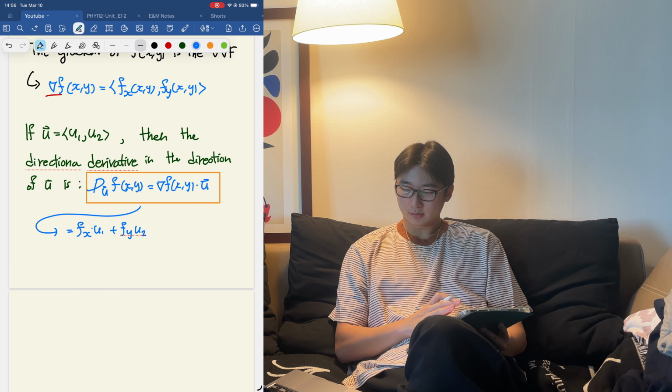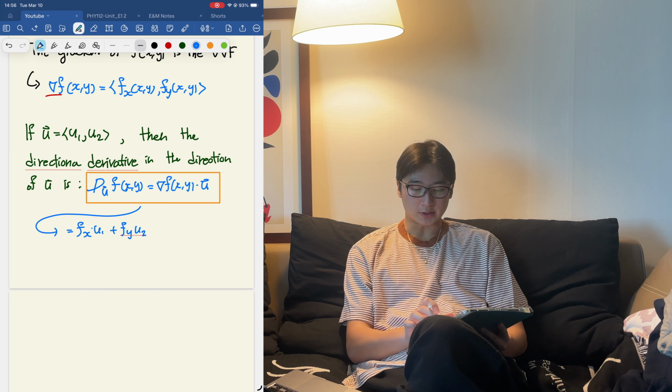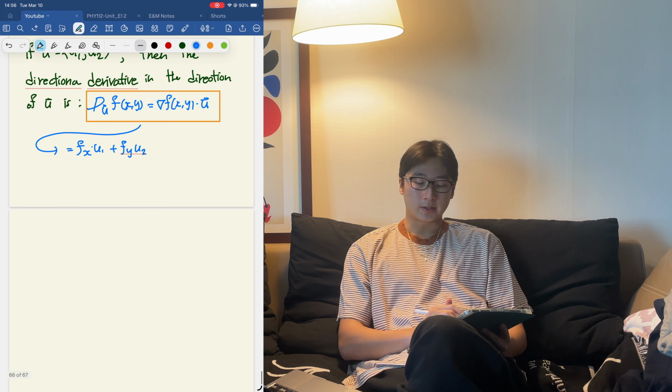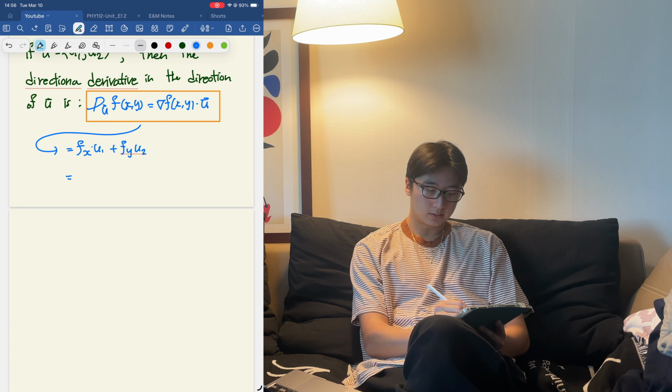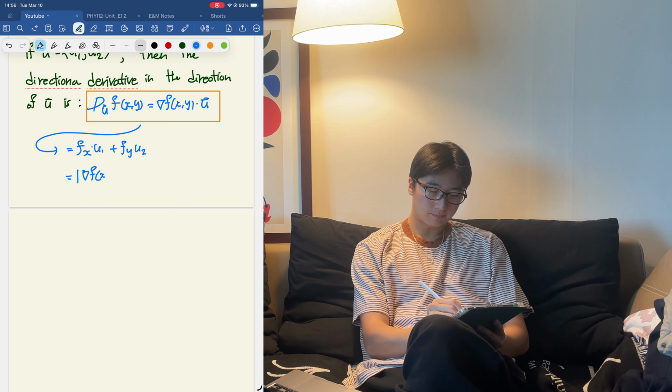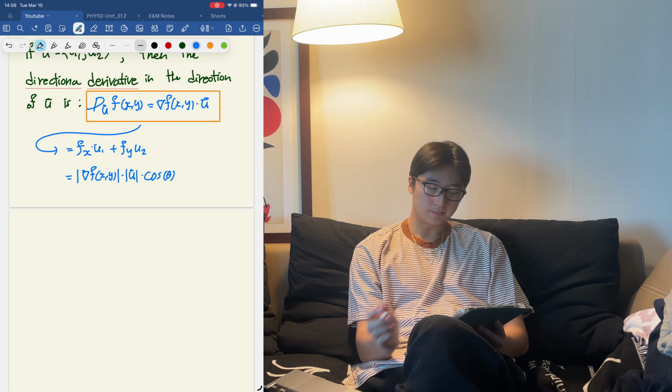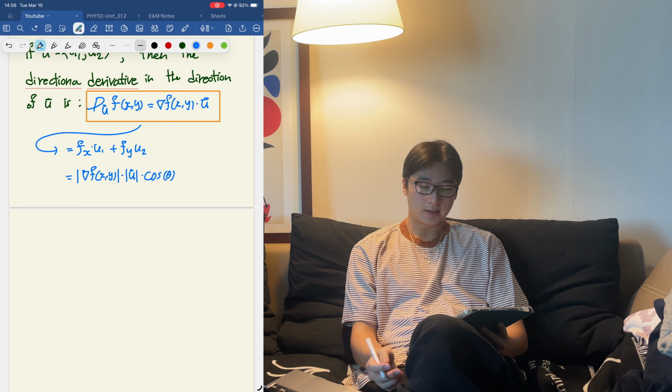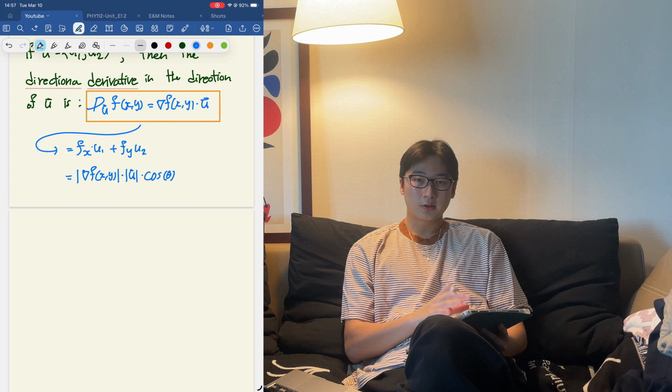And we can also rewrite this by the definition of the dot product. This is equal to the magnitude of the gradient times the magnitude of the unit vector times the cosine of the angle between the two vectors.